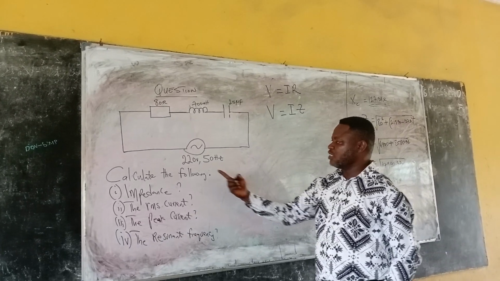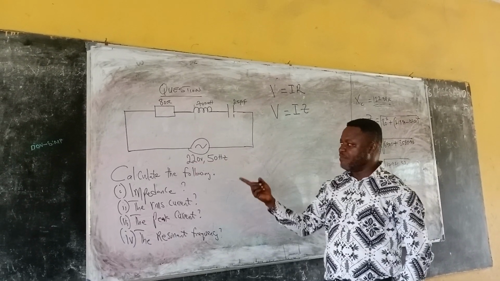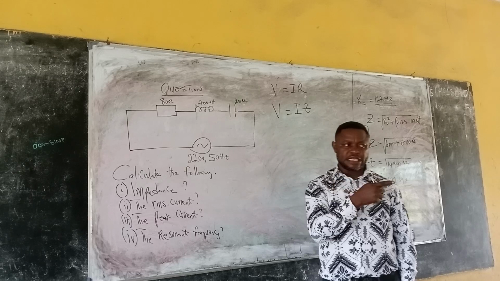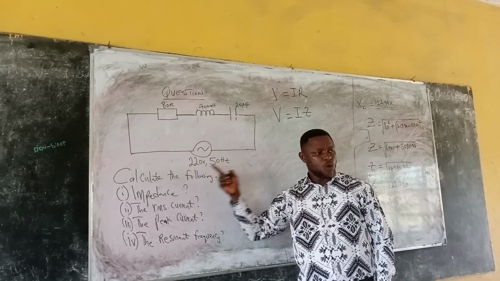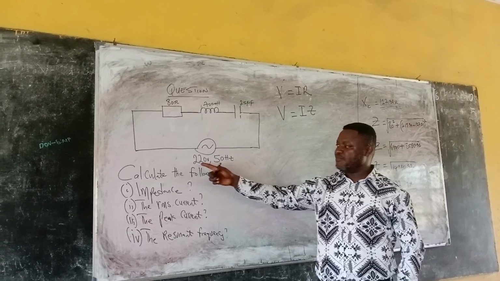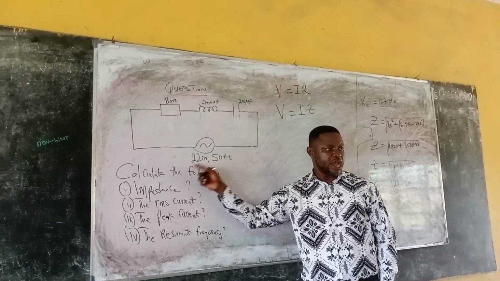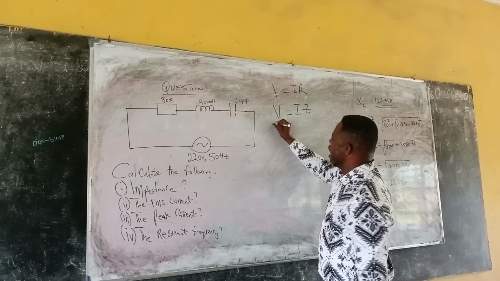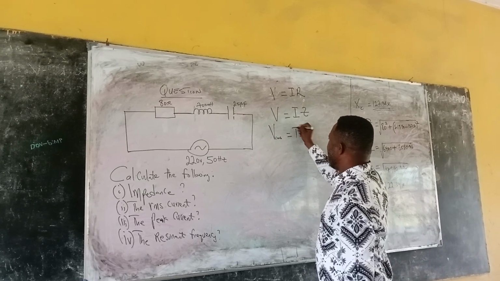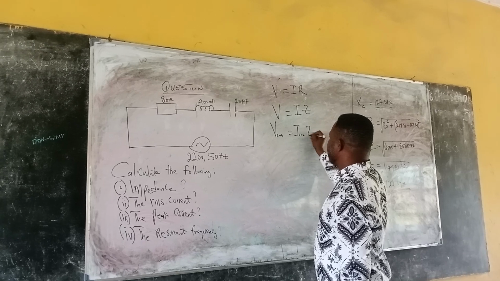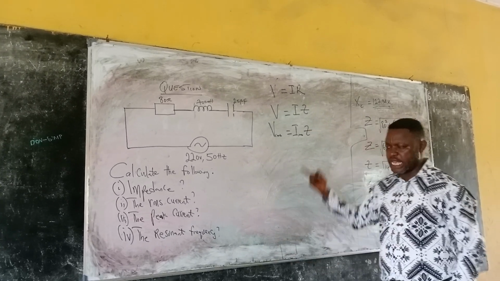Now I've told you that when voltages are given, except stated otherwise, because they could tell you that this voltage is maximum voltage. The way it is not stated, then you note that this voltage is going to be the root mean square voltage. So it means that our VRMS will also be given as IRMS times Z, which is the impedance.